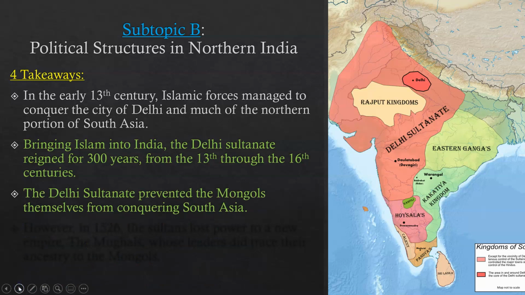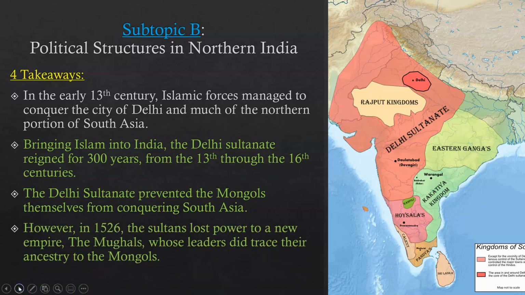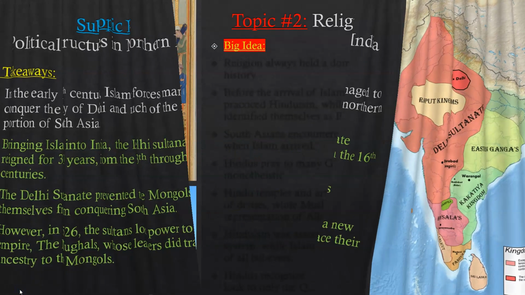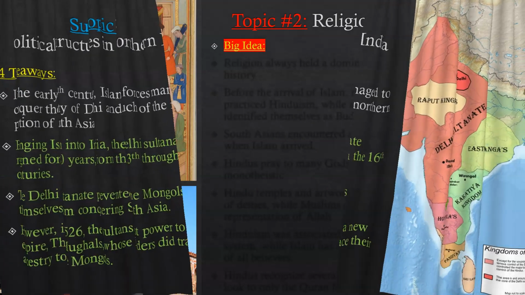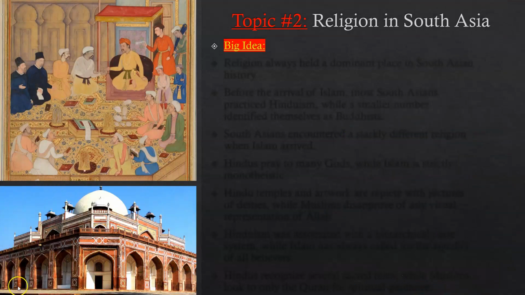The Delhi Sultanate prevented the Mongols themselves from conquering South Asia. However, in 1526, the Sultans lost power to a new empire, the Mughals, whose leaders did trace their ancestry to the Mongols. I'll talk more about the similarities and differences between the Mongols and the Mughals later on. Common mistake, I'll clear it up.